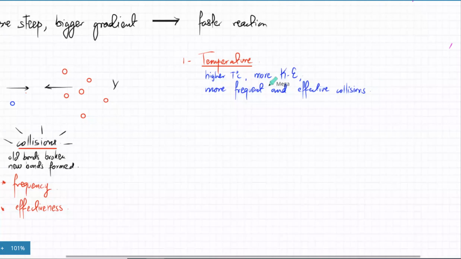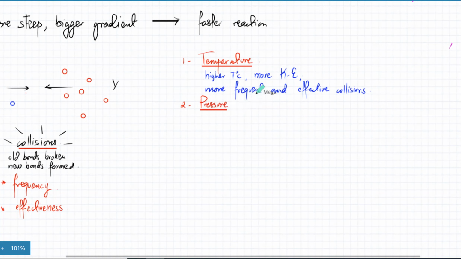Second factor, this is mostly O-level stuff. What's the second factor? It's pressure. Now remember, for pressure, this only applies to gases.